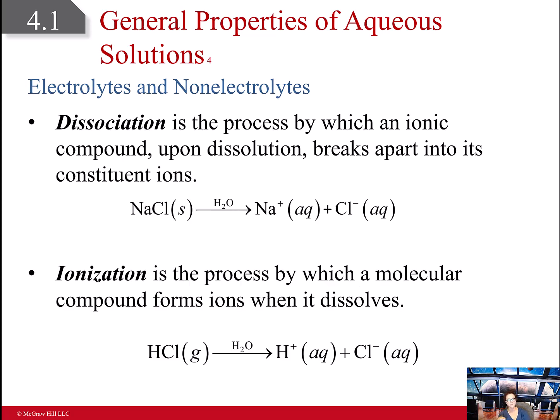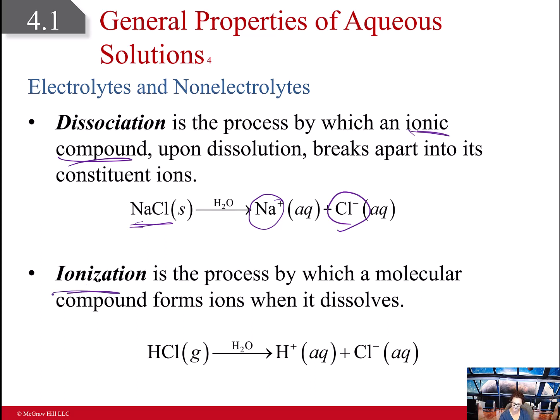So dissociation is the process where an ionic compound, when it's put into water, will break apart into its constituent ions. So sodium chloride solid becomes Na+ and Cl- in its aqueous ion form.